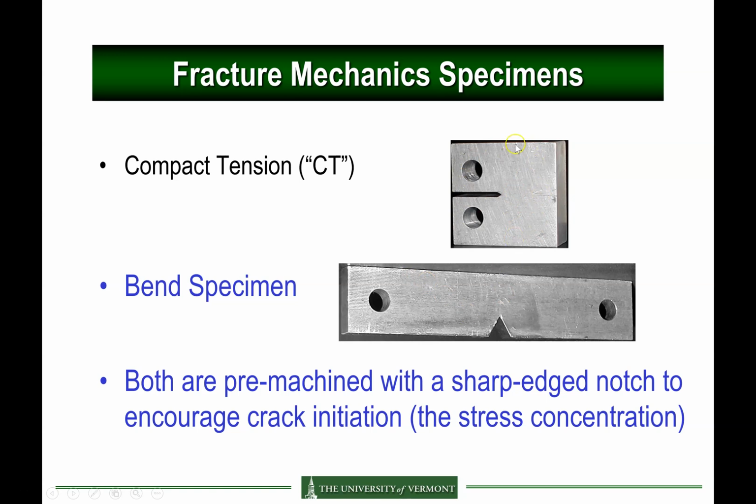Now, for some materials, it's very difficult to machine this kind of specimen, and I'm thinking here of composite materials or even ceramic materials. In this case, a bend specimen is more appropriate.